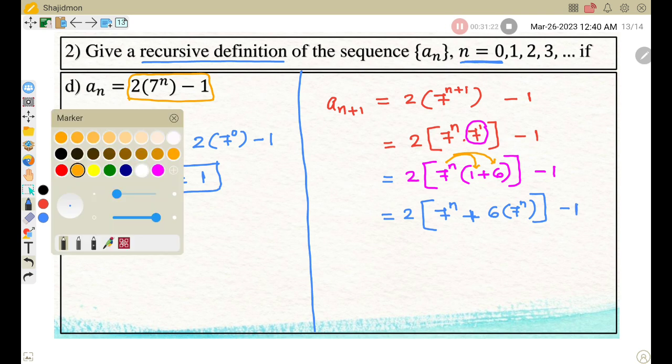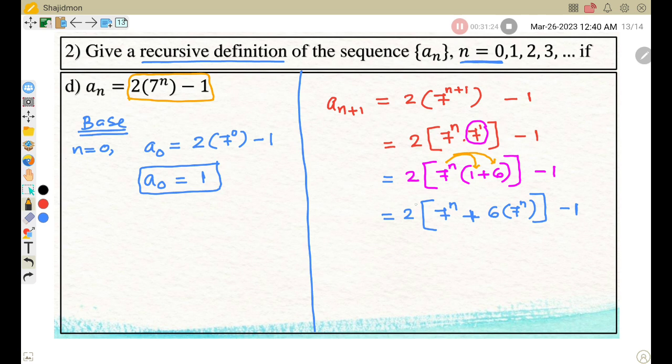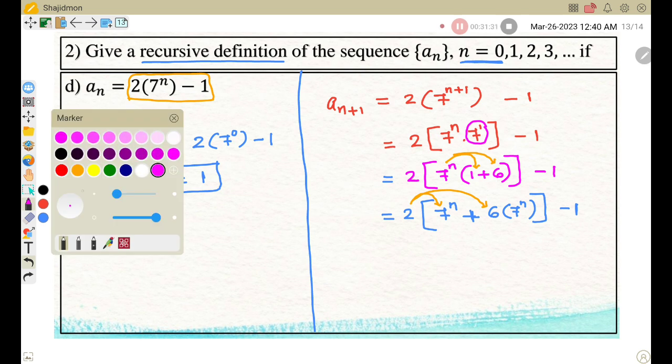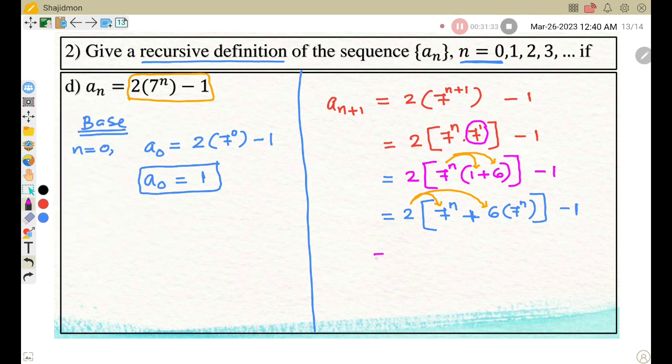Now again from here you can distribute this 2 to the bracket, 2 multiply 7 power n and 2 to here also. So equals 2 multiply 7 power n plus 2 multiply 6 means 12 multiply 7 power n, minus 1. Hope you understood that one. 12 times 7 power n minus 1.